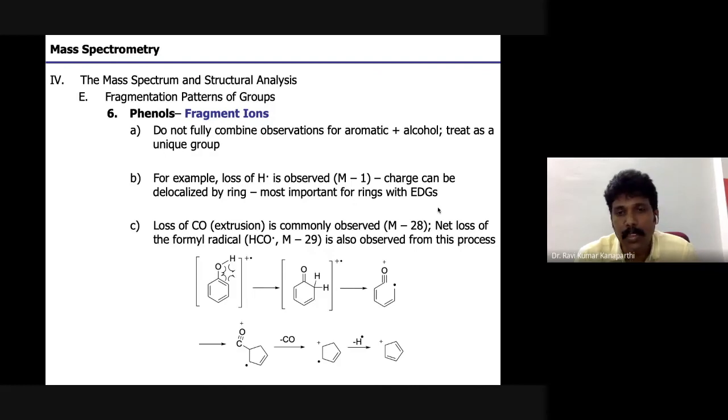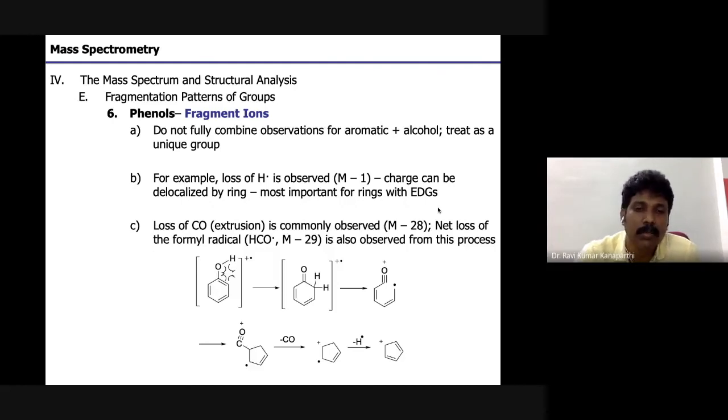In phenols the same thing happens, but not with alcohols. Why? Because if a phenol loses a hydrogen radical, it stabilizes more. The phenoxide is a highly stable one, therefore we get the corresponding peaks in the spectrum.